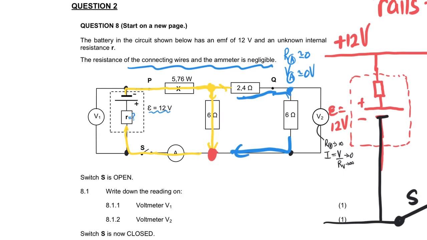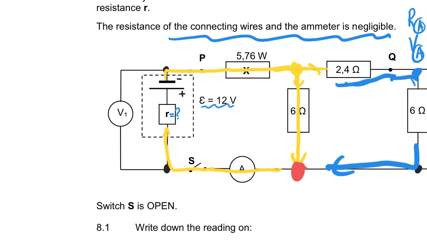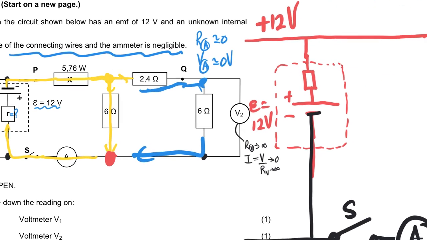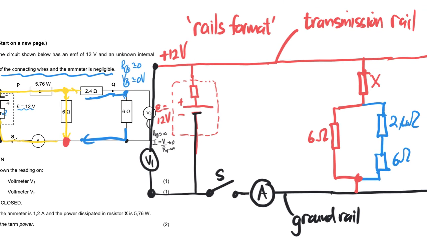So now, when it comes to the voltmeters, you can see here, we put the voltmeters in last. This voltmeter measures the voltage between that rail and that rail. So we can put V1 like this. We can say that V1 connects that rail to that rail.